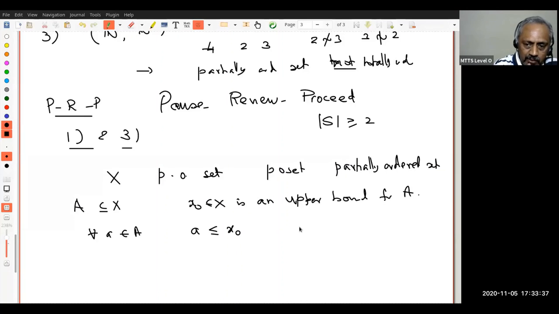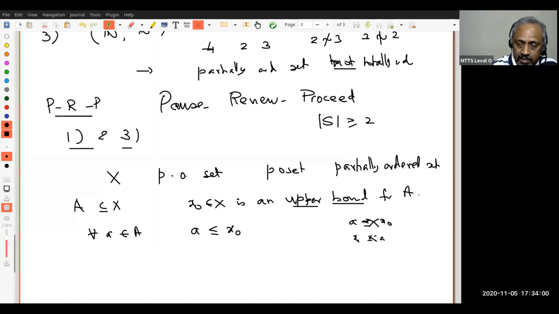It looks obvious, it's a very correct definition, but you should pay attention. Notice that this is a partially ordered set, so we are making a very demanding requirement. Given any a in A and x naught, since it's partially ordered, I may not know whether a is less than or equal to x naught or x naught is less than or equal to a, because neither may be true.